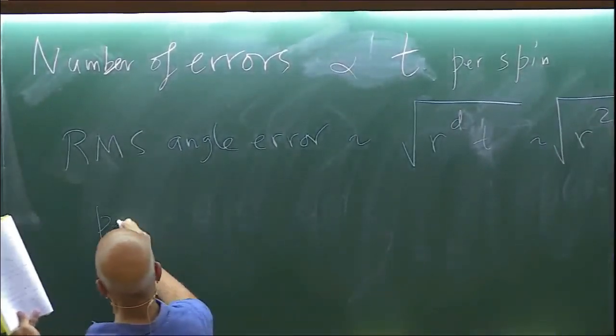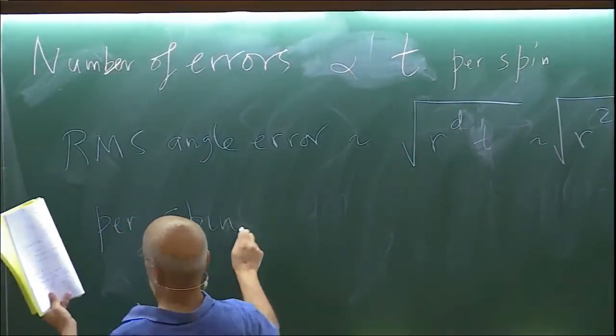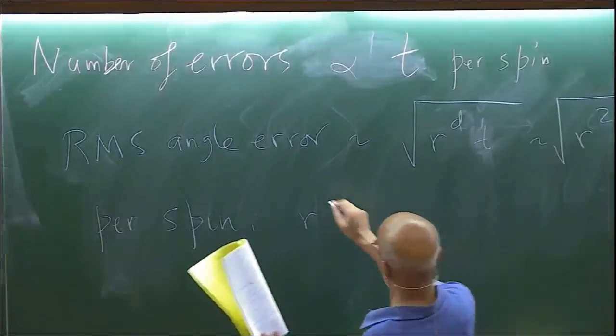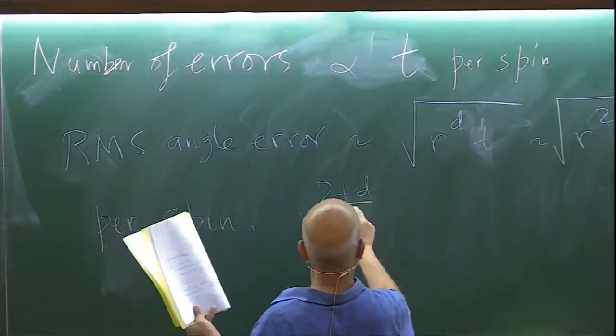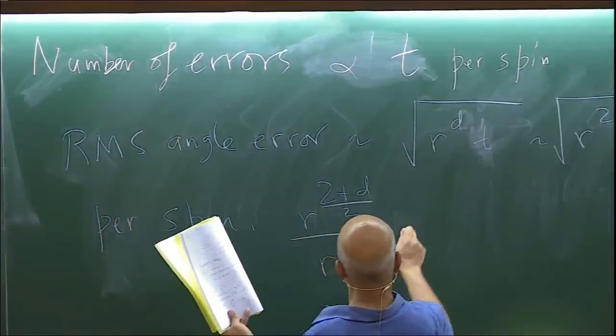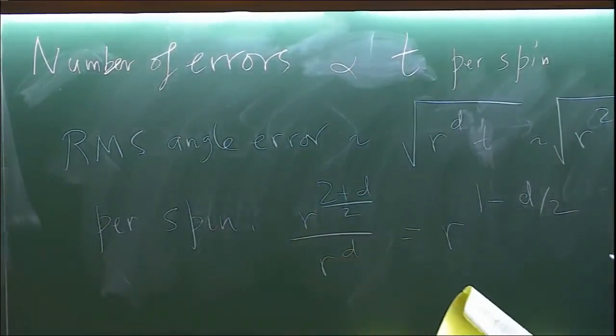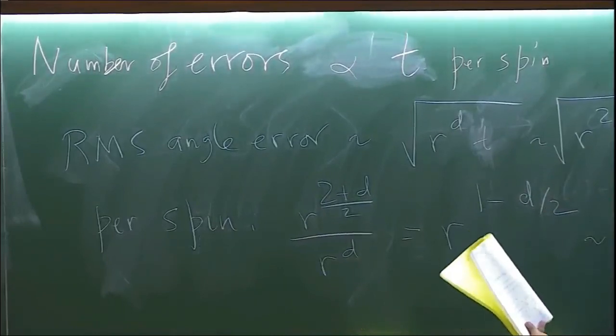So per spin, that's going to be r to the 2 plus d over 2 divided by r to the d, which is r to the 1 minus d over 2, which is, if you want, you can do it in terms of t.